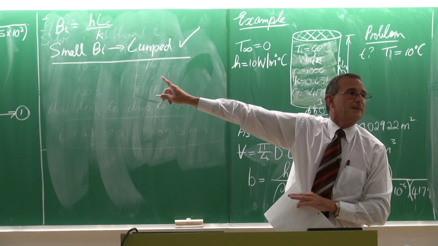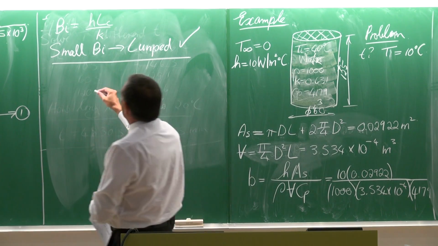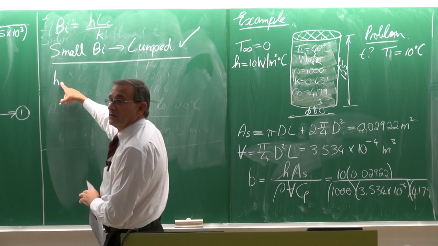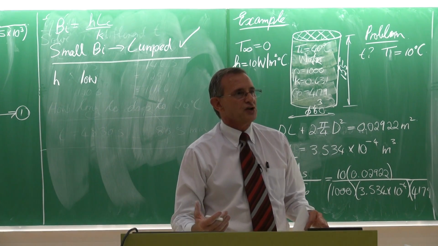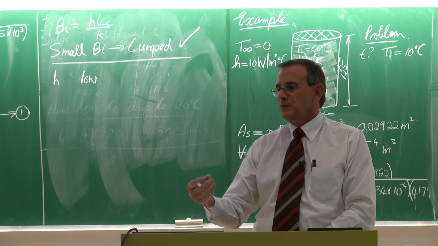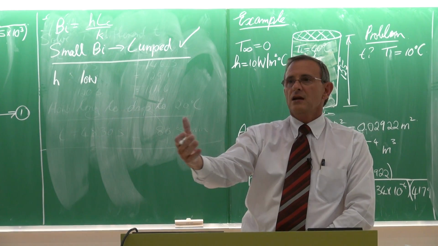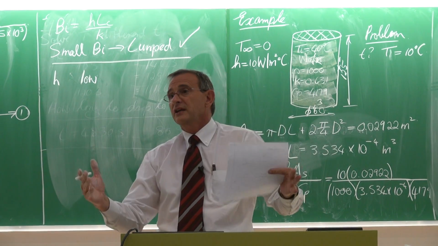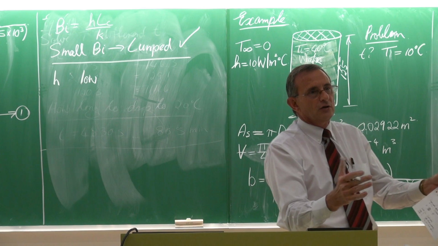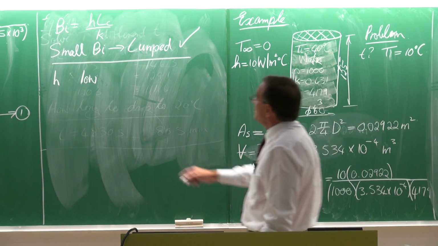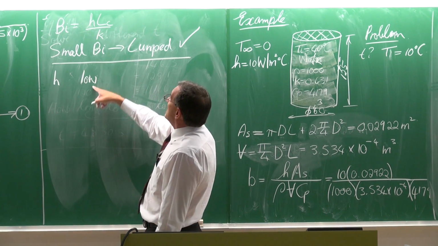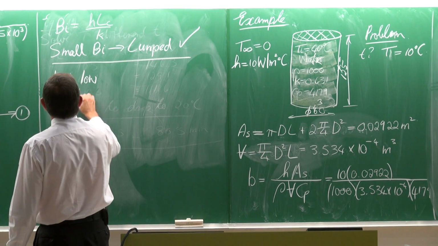What do we need to get the Biot number small? Firstly, we need a heat transfer coefficient that is low. So normally a body in air, with natural convection, is typically about 10, 20, maybe up to 100. The moment you get to forced convection, the heat transfer coefficient increases to hundreds, thousands, 10,000s. So the heat transfer coefficient must be low. The next thing is Lc must be low.